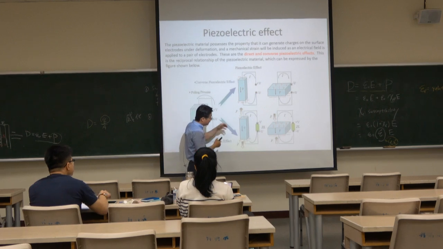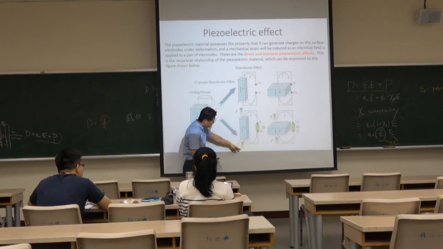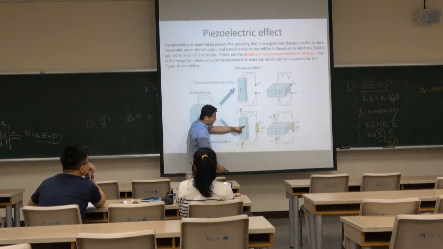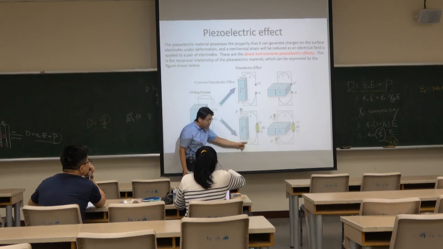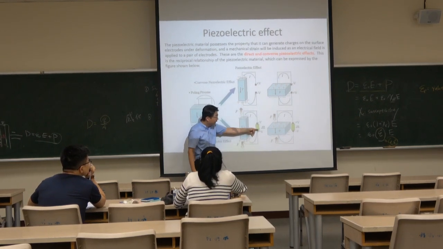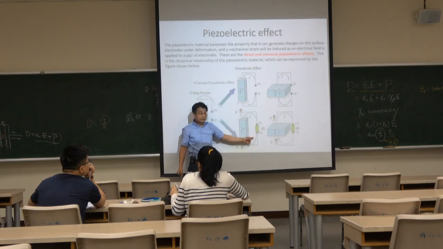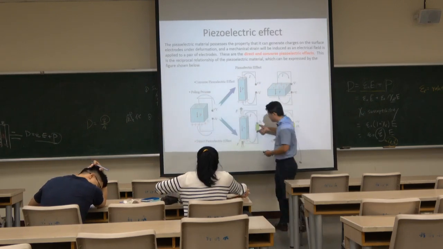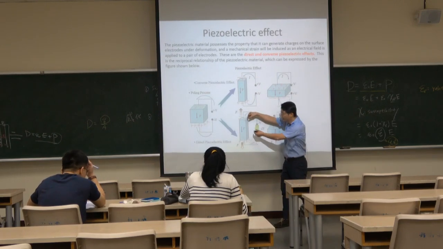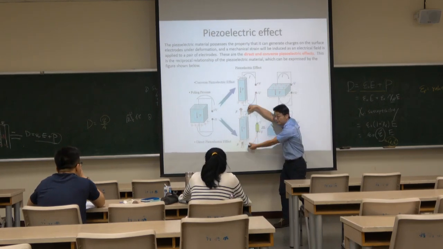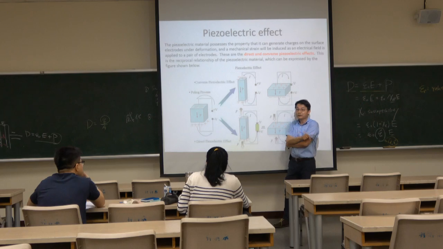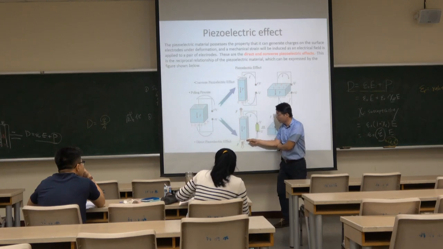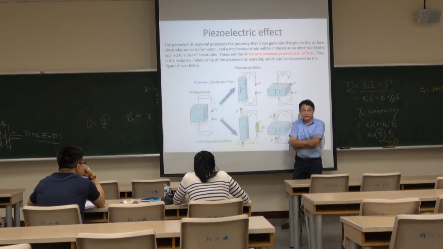In contrast, if you apply a force, for example on this button side, this force will generate polarization, and this polarization will induce charge. So it creates electricity, because this is positive, this is negative. You can measure the output voltage as long as you are pulling or applying stress to these materials. This is what we call the direct piezoelectrical effect.